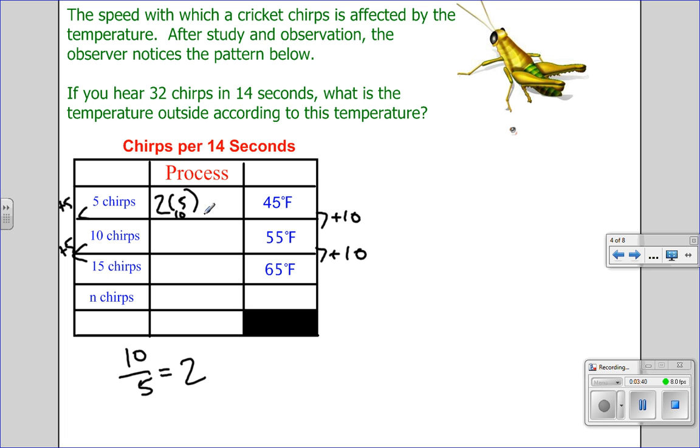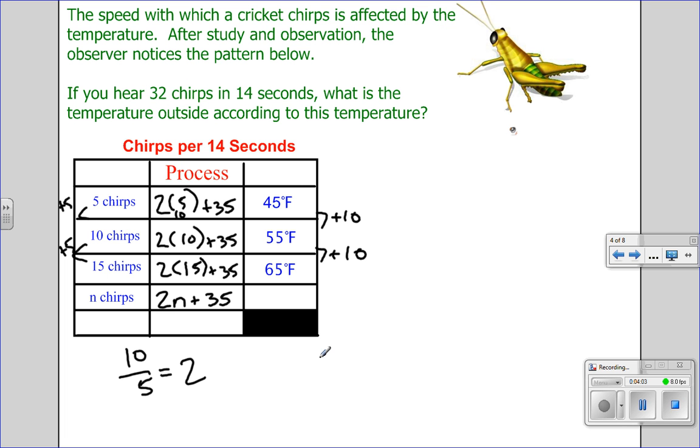And 10 plus what gives you 45? Well, plus 35. So 2 times 10, that's 20, plus 35 is 55. Then 2 times 15, that's 30, plus what is 65? Plus 35. So n chirps would be 2n plus 35, where n, of course, is the number of chirps, and the answer you get over here is the temperature.